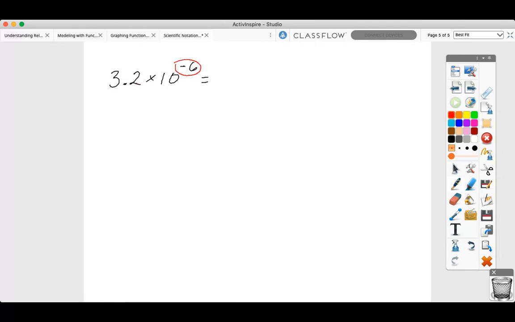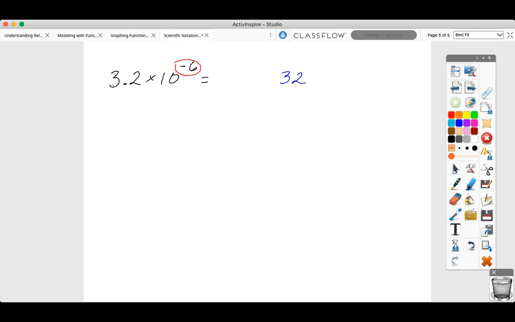I know that I'm going to have to take that decimal point and move it over 6 times to the left to get a very small number over here. So when I write my 3 and the 2, I'm not going to write it really close to the equal sign. I'm going to give myself some space. So 3, 2 right there.